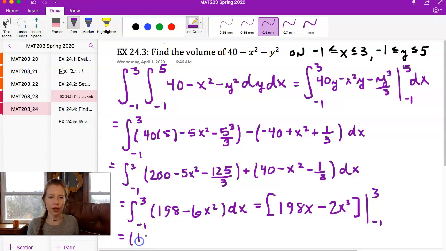This is going to give us 198 times 3 minus 54. So that's plugging our 3 in.